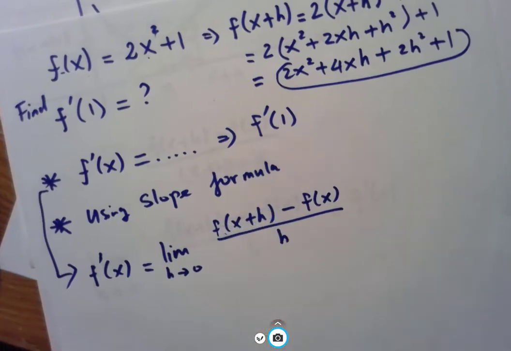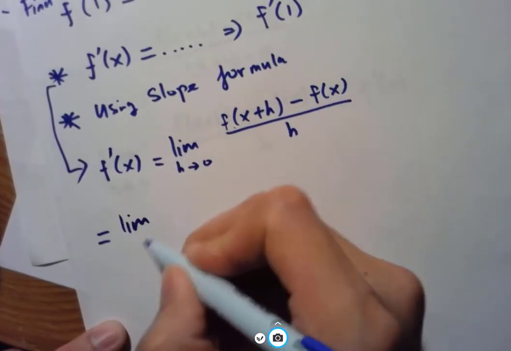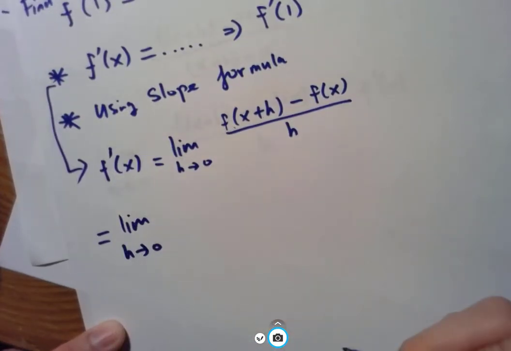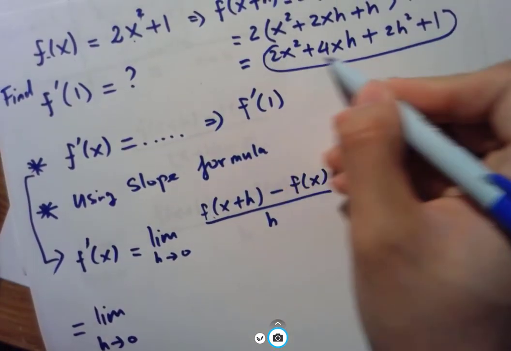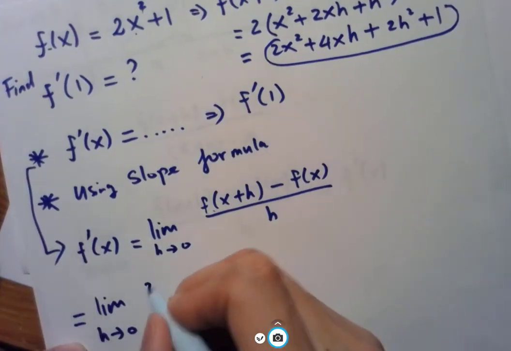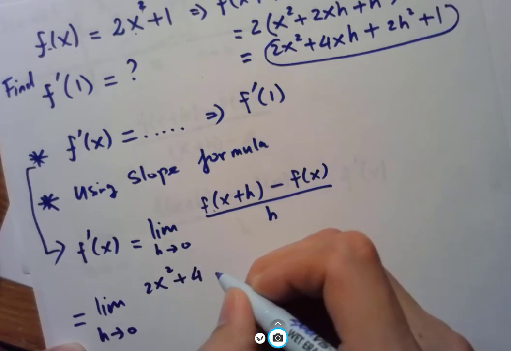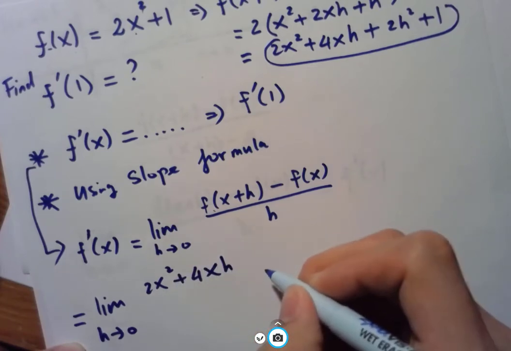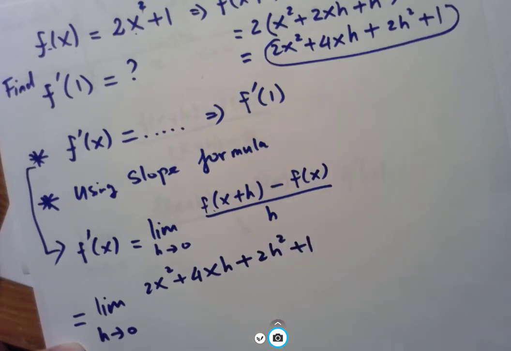So now this whole expression right here is the value for f of x plus h. So I go ahead and rewrite here, limit h approaching 0. And now this whole thing here is the expression we just found on the upper right corner right here. So that 2x squared plus 4xh plus 2h squared plus 1.